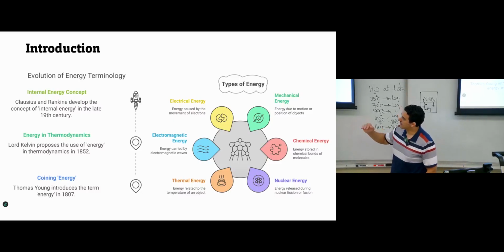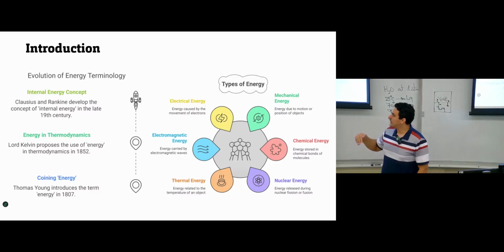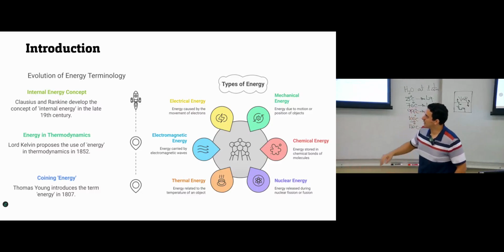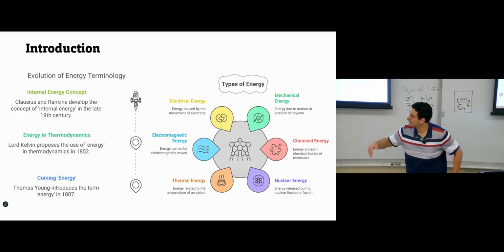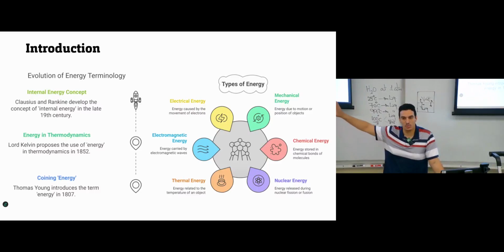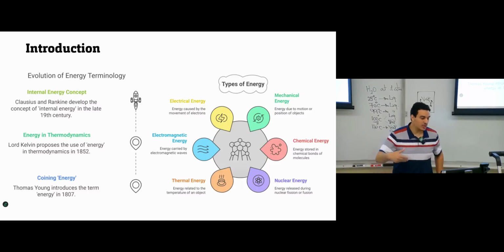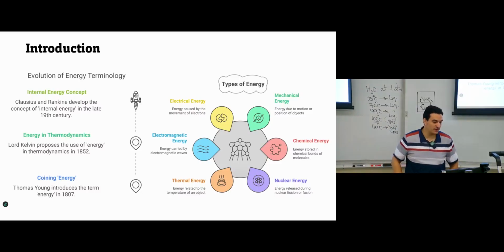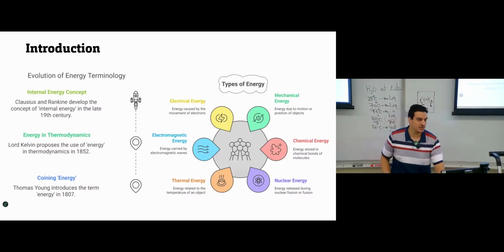Then we have Kelvin. He started to use the term energy in thermodynamics, and if you remember, he was the first one that introduced even the term thermodynamics. And then in the last century, the potential or the internal energy also started to appear. So our role now is to put all of these types together and try to understand each one of them.